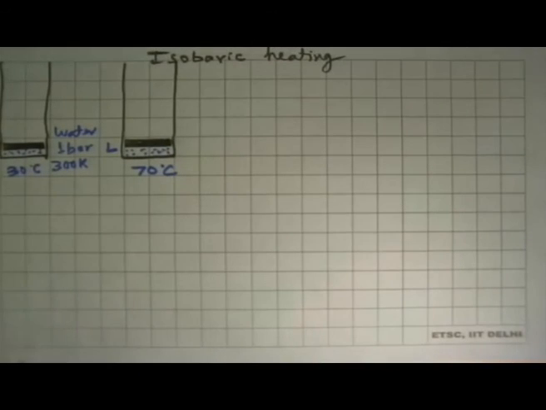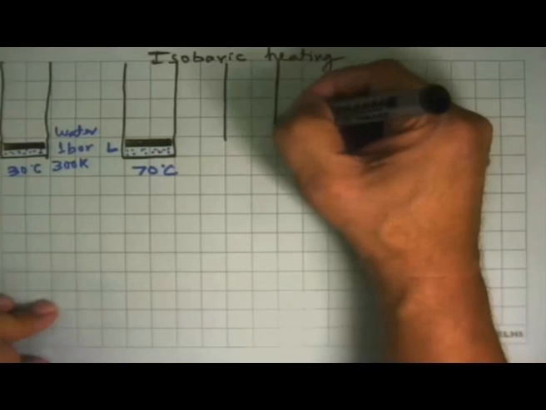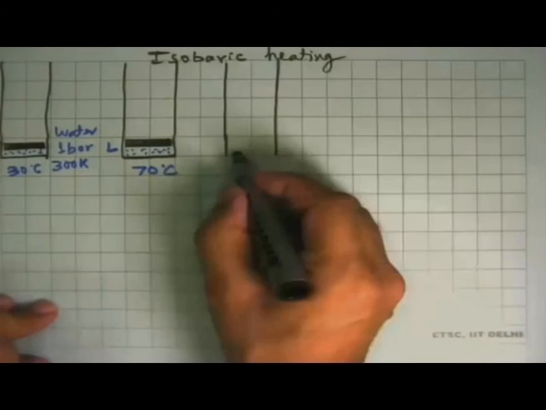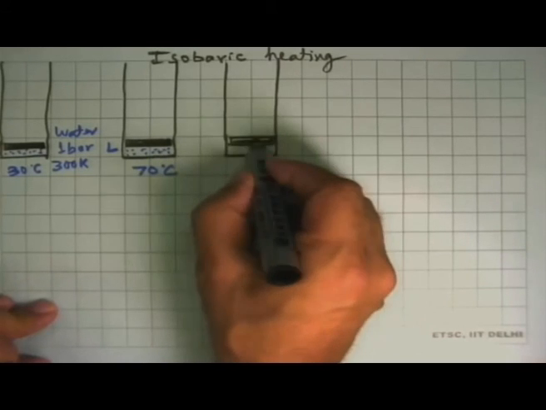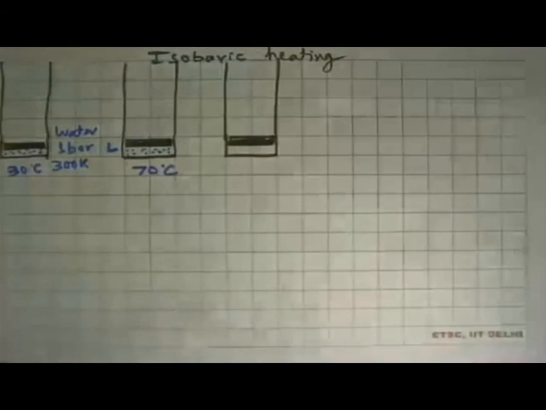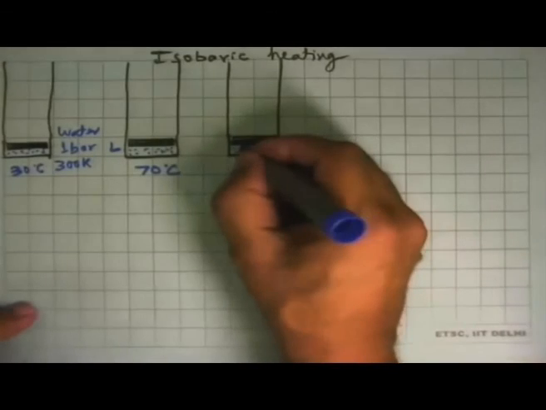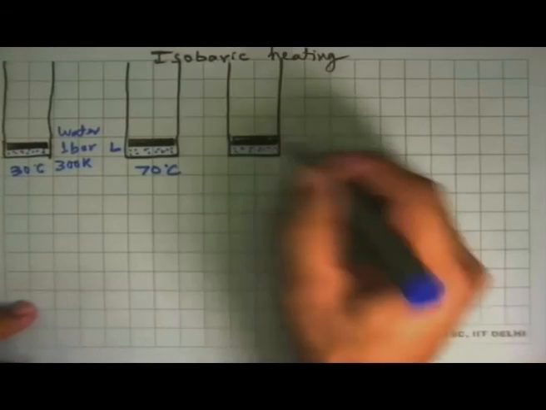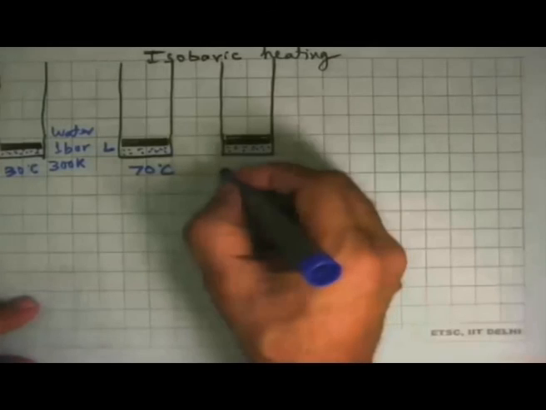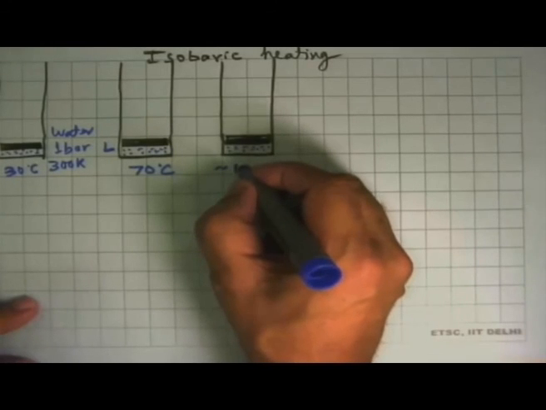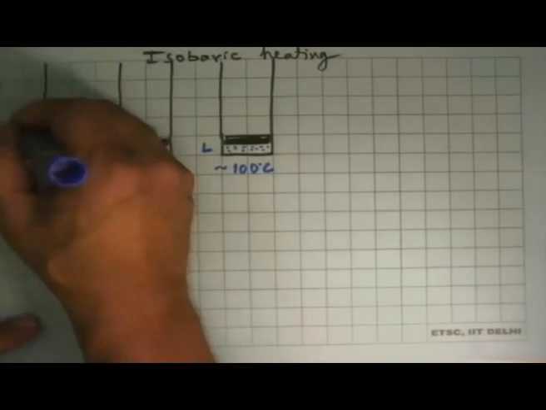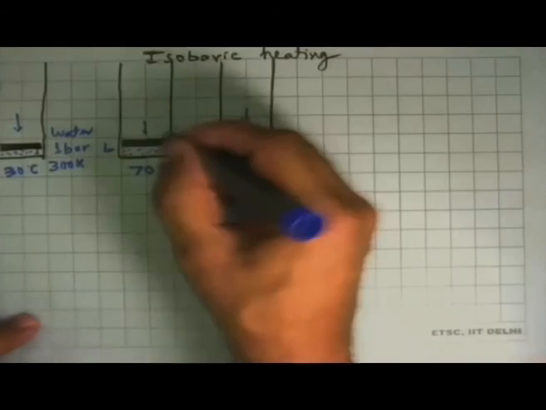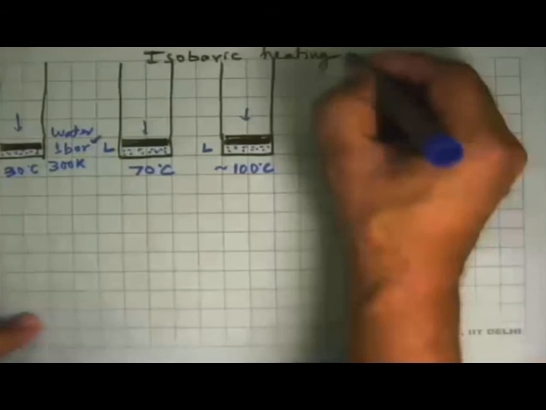Continue this heating and come to a point where this is now close to say about 100 degrees Celsius. Again, the pressure everywhere is still 1 bar.